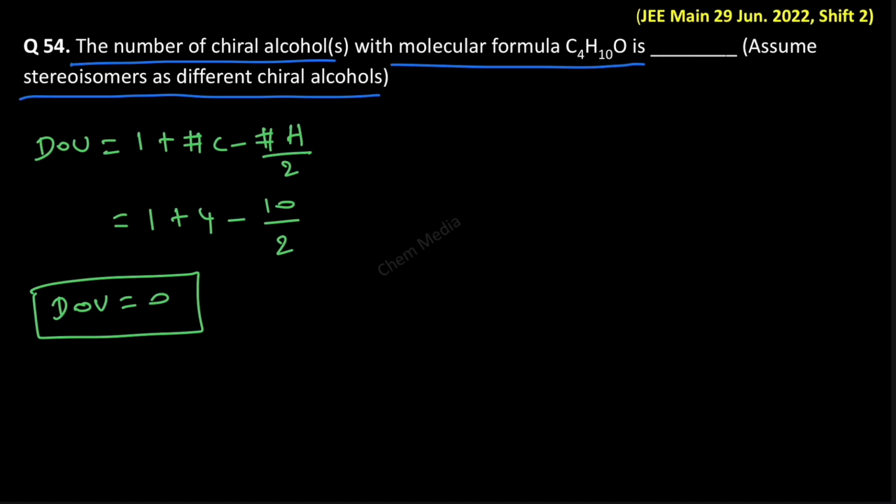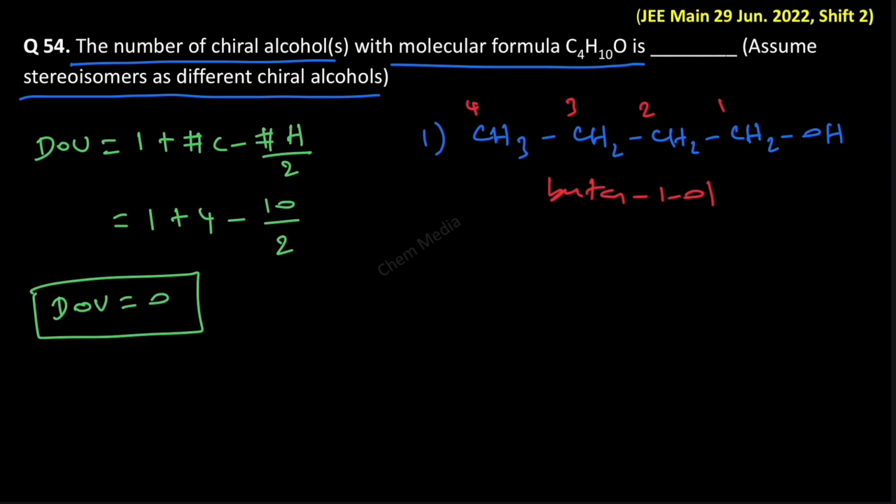Let us write the isomers one by one. Number 1, we are going to write butan-1-ol, that is CH3, CH2, CH2, CH2, OH. This is butan-1-ol. We don't have any chiral center. Therefore, let's write isomer 2, that is butan-2-ol. CH3, CH2, CH, OH and then CH3. Now we have a chiral center at position 2, because now we have 4 different groups around this carbon.